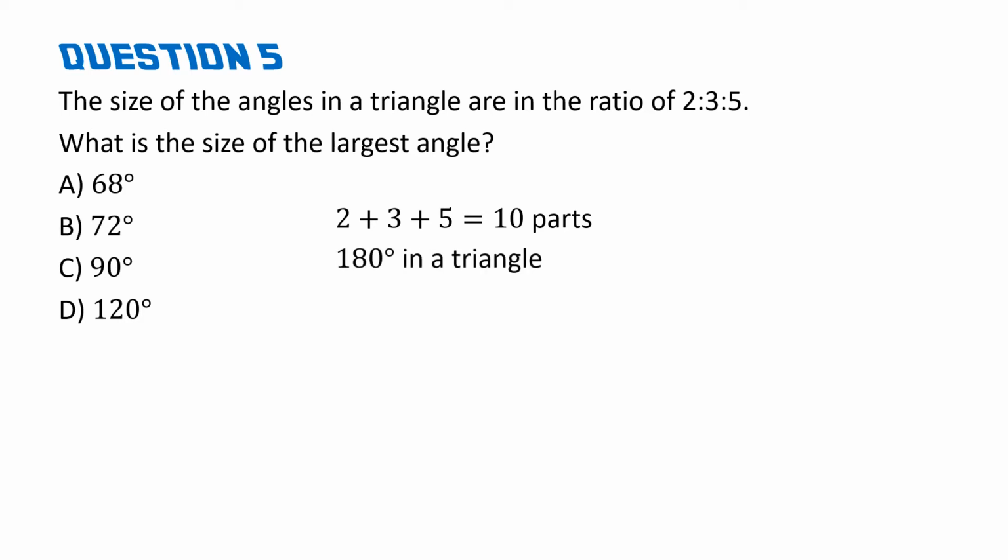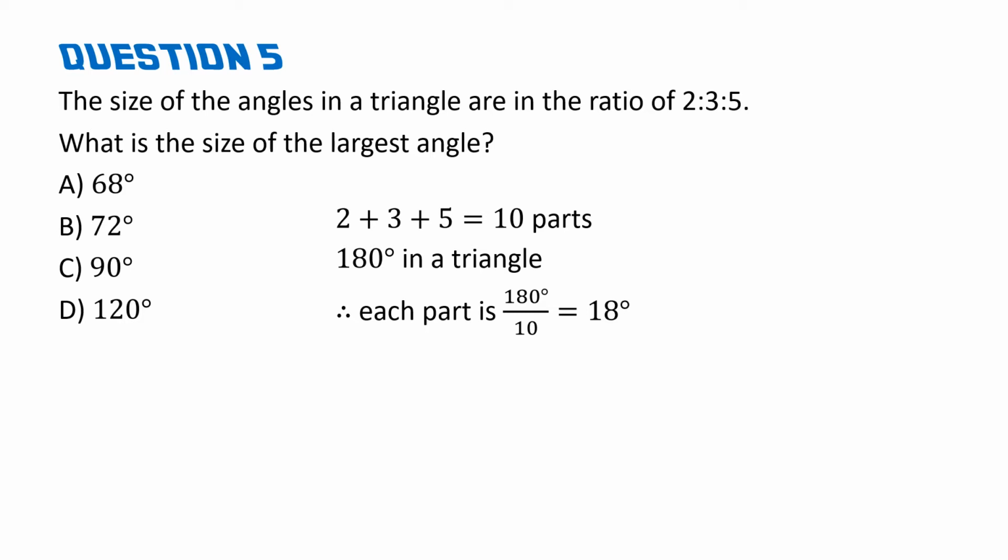Like I just said, we have 180 degrees in the triangle, so we want to divide that 180 degrees by our 10 parts, which means that we get 18 degrees in each one of those parts. Now, I want to multiply that 18 degrees by each number in my ratio. But to make my life a little bit easier, the question says, what is the size of the largest angle?